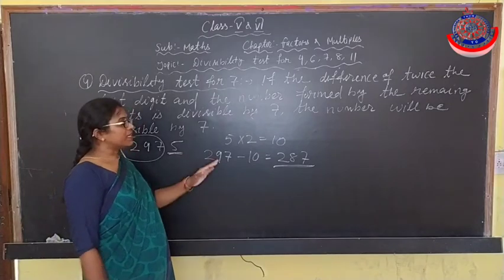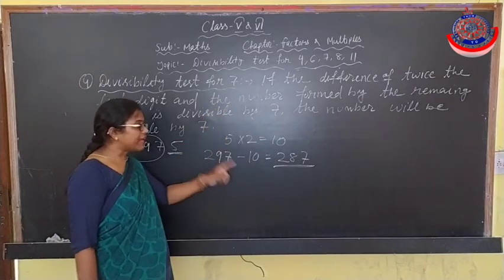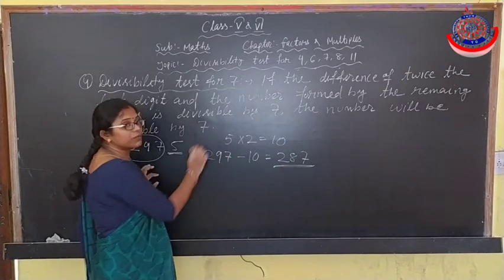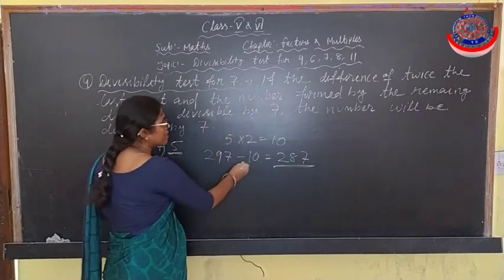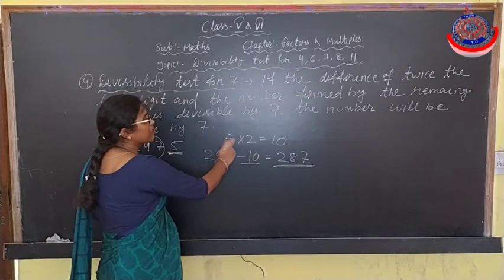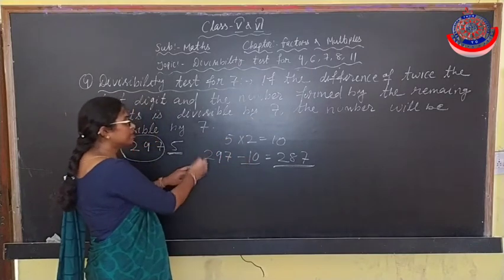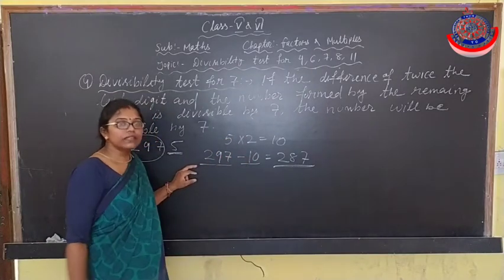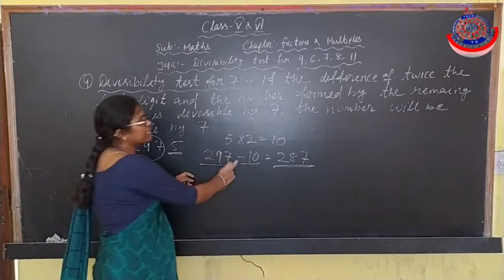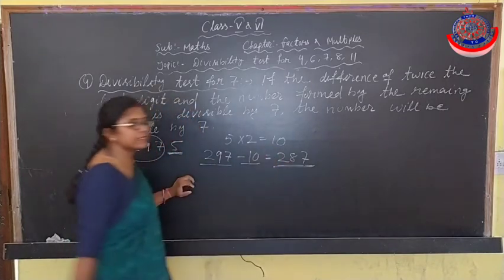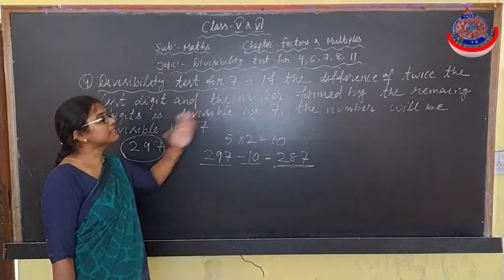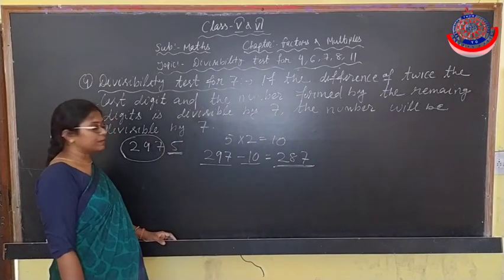Clear? What is the rule? Difference, that means subtraction of twice the last digit, that means 5 into 2 equal to 10 here, and the number formed by the remaining digits. If this difference is divisible by 7, the number is divisible by 7.